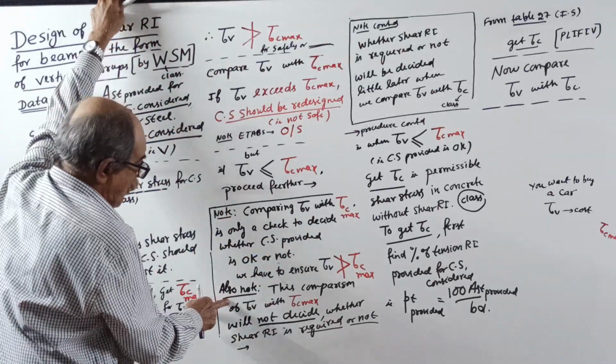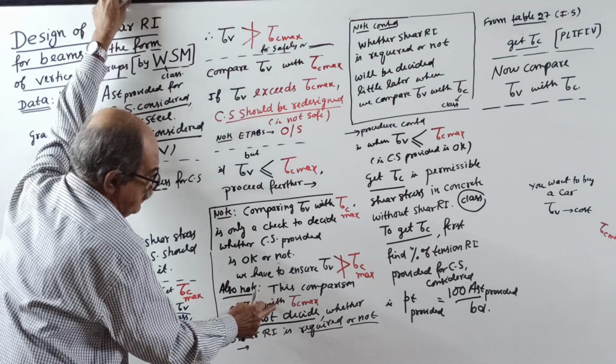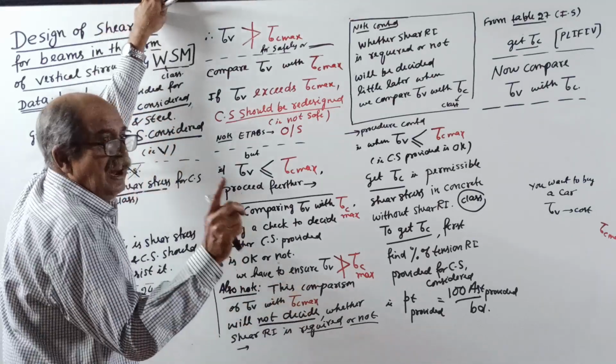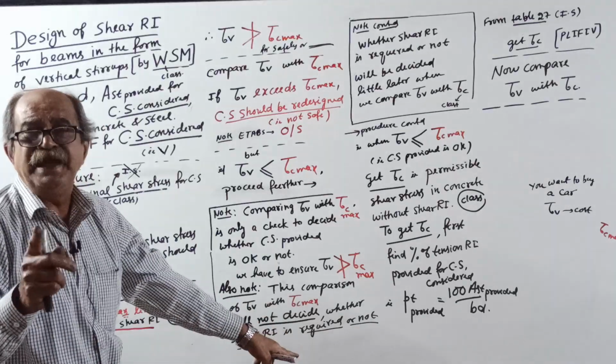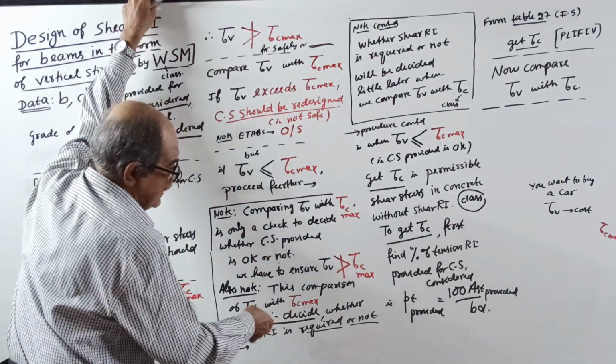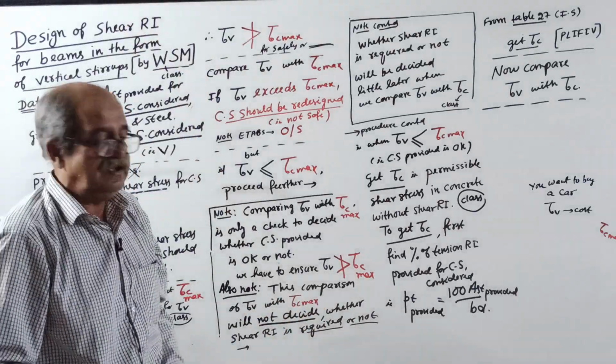Now, important: this comparison of tau v with the tau c maximum will not decide whether shear reinforcement is required or not.